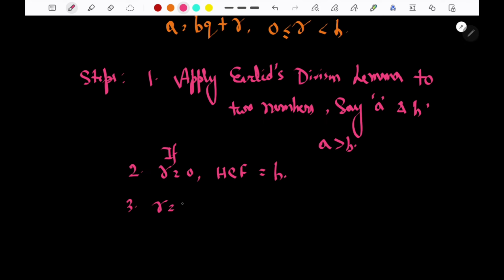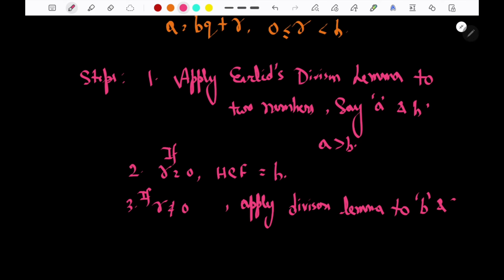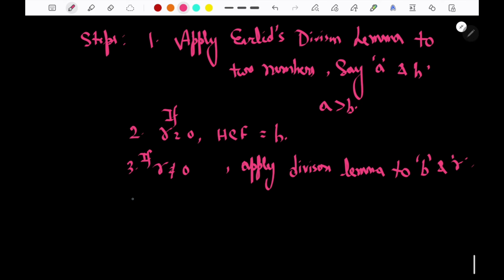Third, if r is not equal to 0, apply the division lemma to b and r, whatever is the remainder, then go for b. Fourth, continue the process till r is equal to 0.